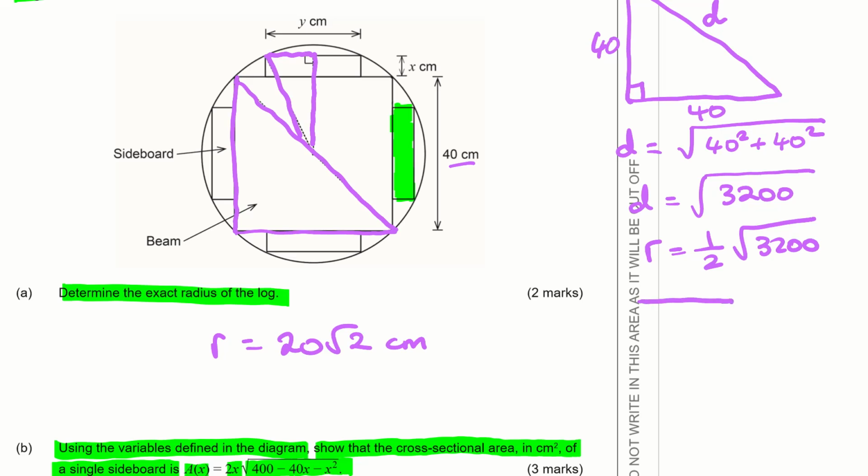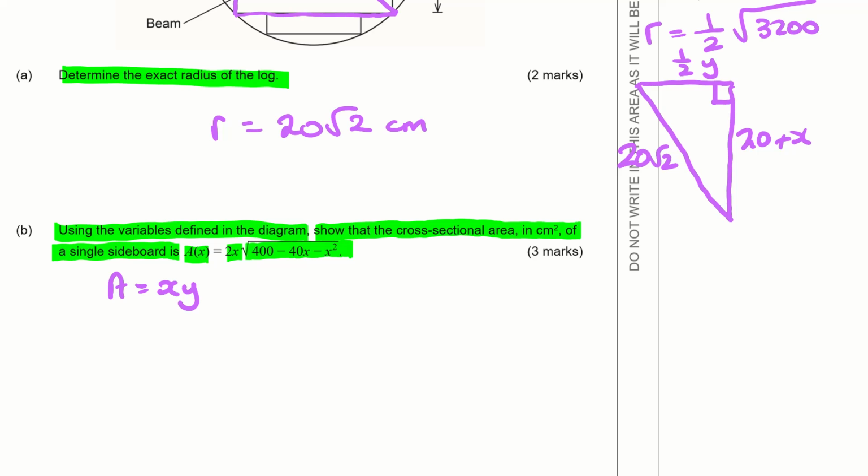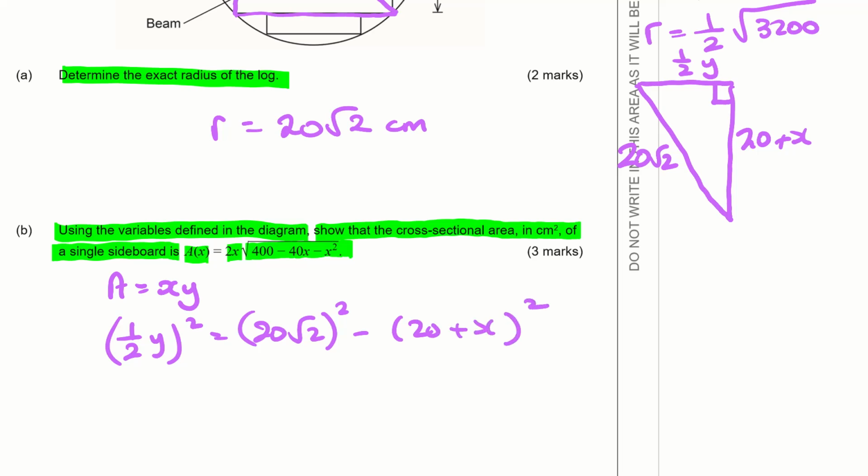Now if I draw that triangle out, we can see that's a half y. This one here is going to be the radius, so that's 20 root 2. And then this one is going to be 20 plus x, so that's half of the 40, add the x. So using Pythagoras, half of y squared is 20 root 2 squared, take away 20 plus x squared.